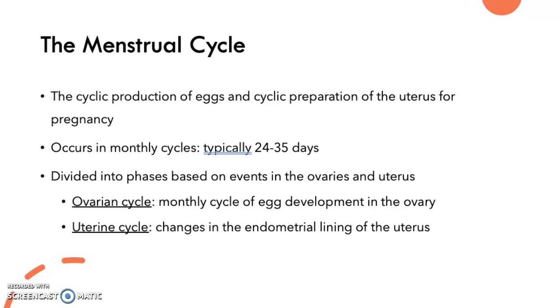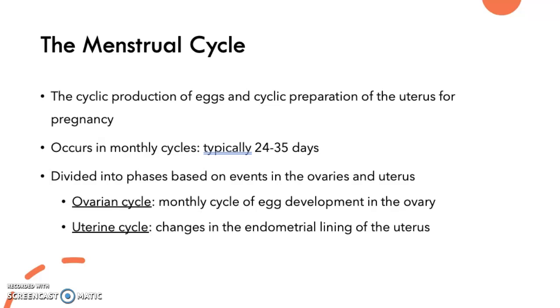Alright, so next we're going to talk about the menstrual cycle. We refer to it as the menstrual cycle because it is marked by a 3 to 7 day period of bloody uterine shedding, or menstruation.